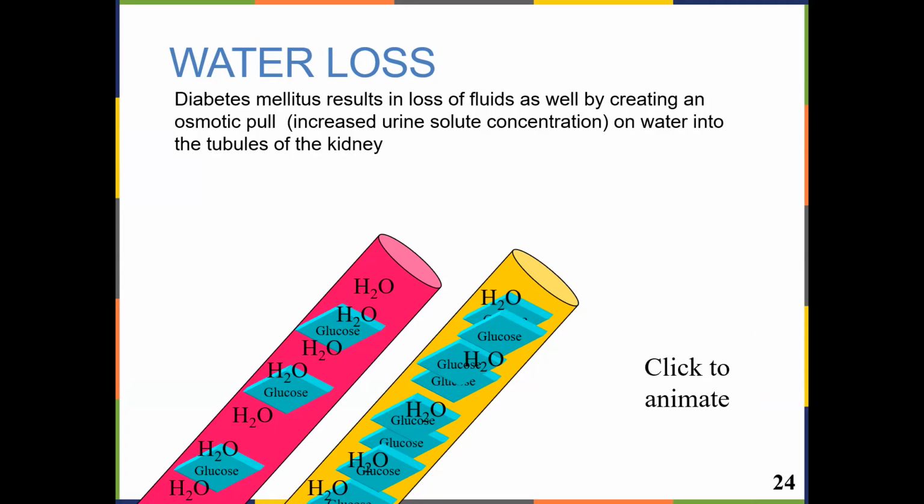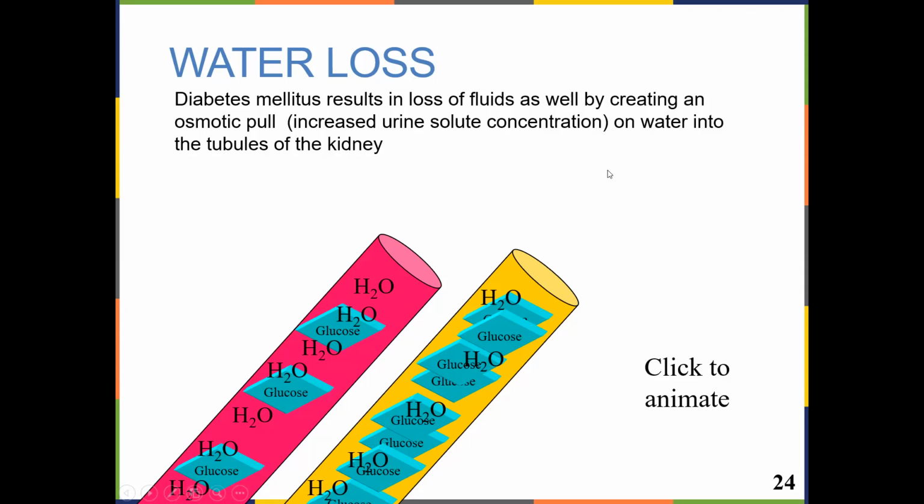Either we're not making enough insulin in diabetes mellitus, that's type 1, or type 2, what's being made isn't recognized. In either case, glucose isn't getting into the cells. So glucose tends to stay in the plasma.